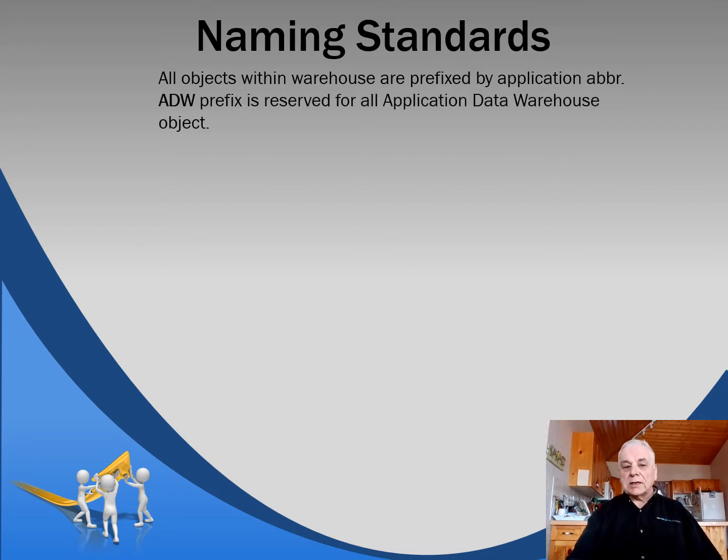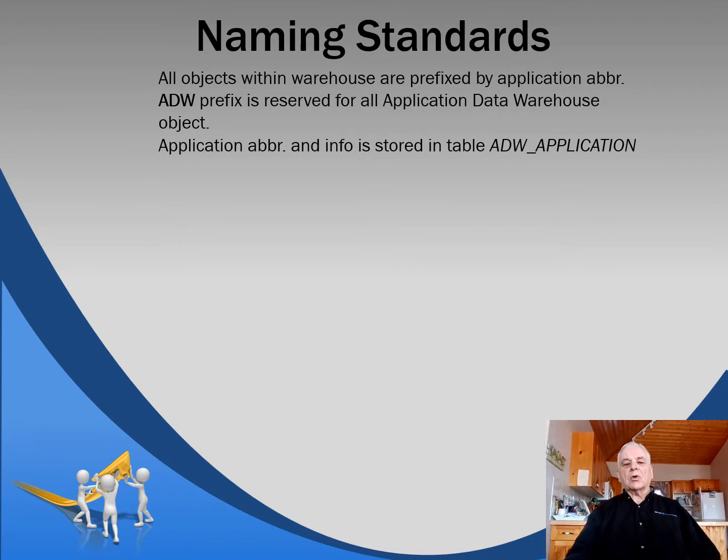For example, ADW is reserved for application data warehouse. So any object, a table, a view, a materialized view, a process, a function, is prefixed with ADW underscore, and that determines that that is an application data warehouse object.